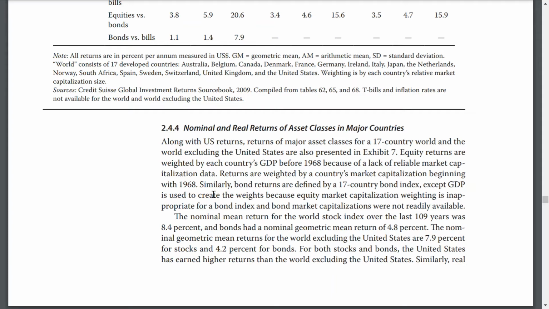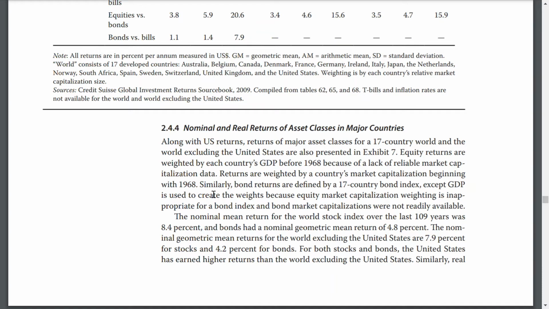The nominal geometric mean return for the world stock index over the last 109 years was 8.4%, and the bond had a nominal geometric mean rate of 4.8%. The nominal geometric mean returns for the world excluding the U.S. are 7.9% for stocks and 4.2% for bonds.